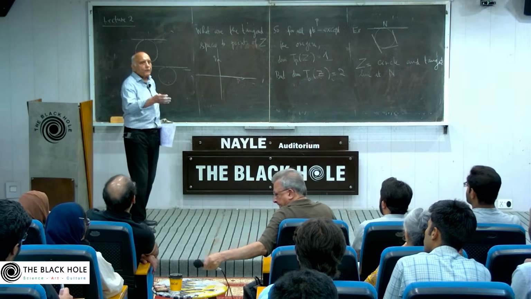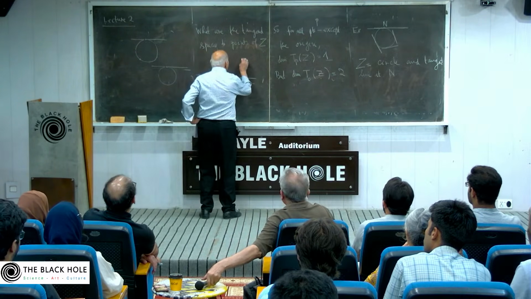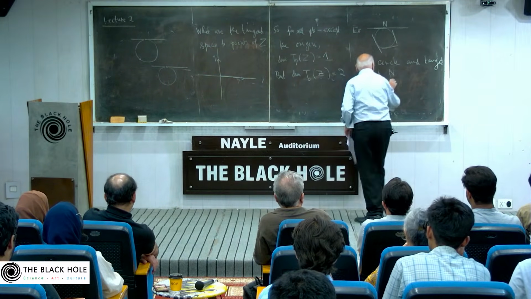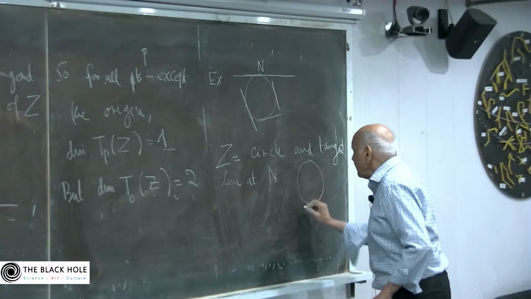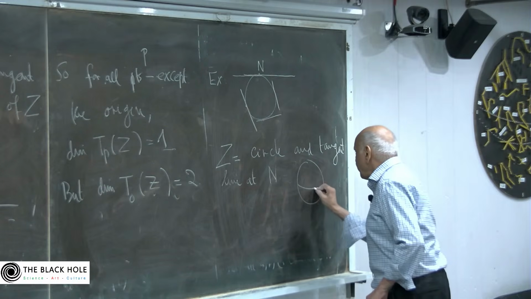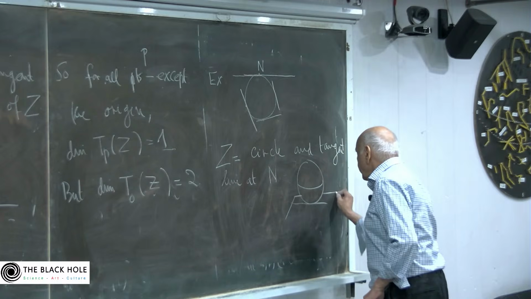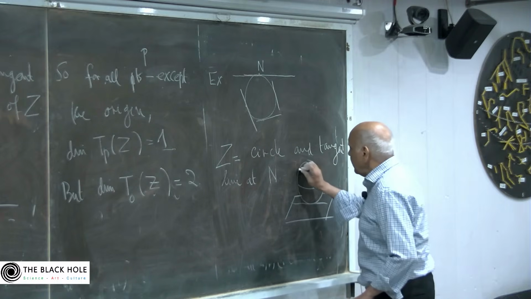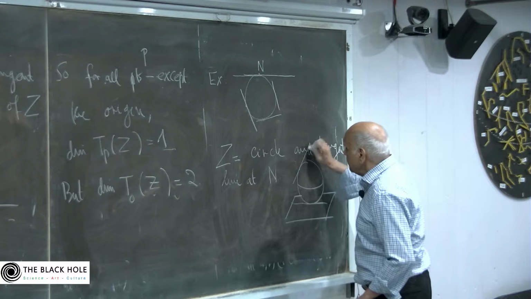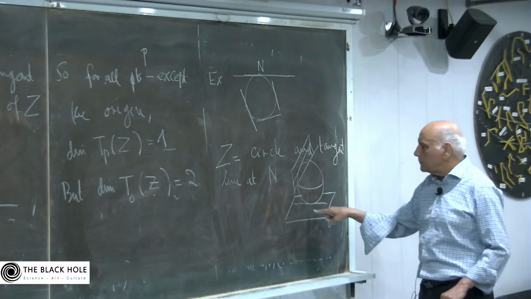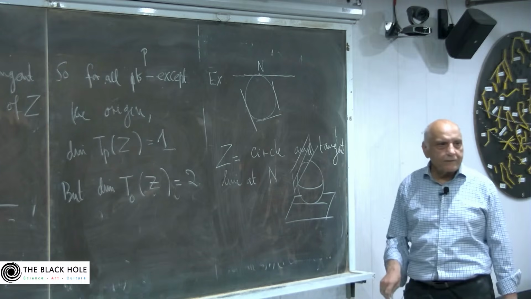For example, if I give you a circle, or even more, the sphere, and I give you another point, does it make sense to add these vectors to these vectors?